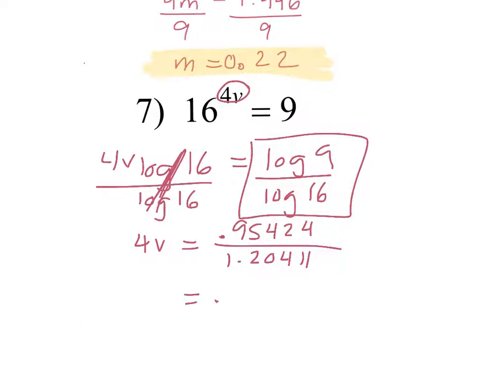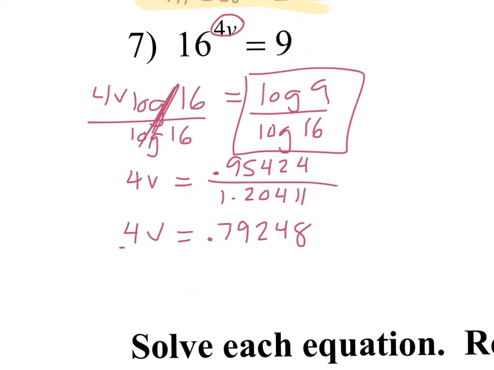And we get 0.79248. And then to get v all by itself, we just need to divide both sides by 4. So we get v is equal to 0.198. Any questions here?